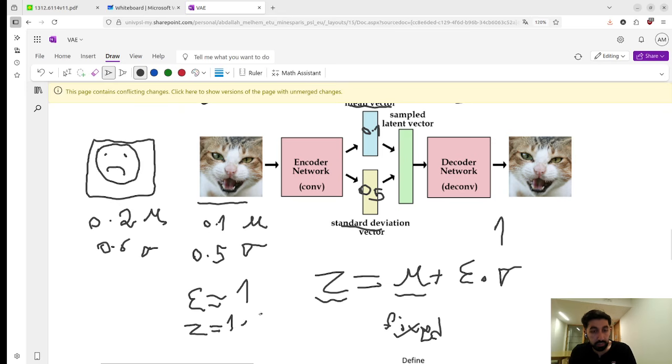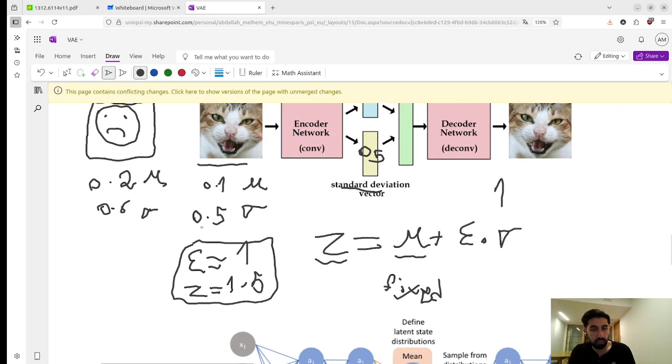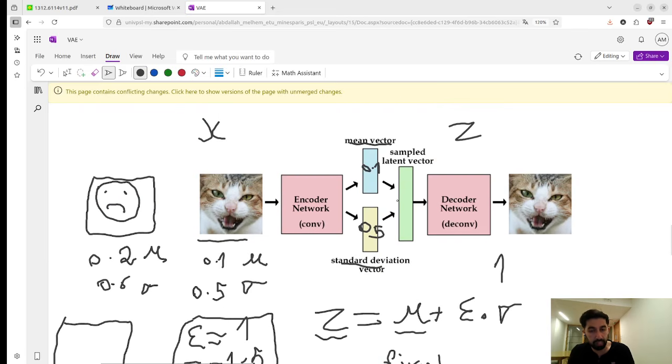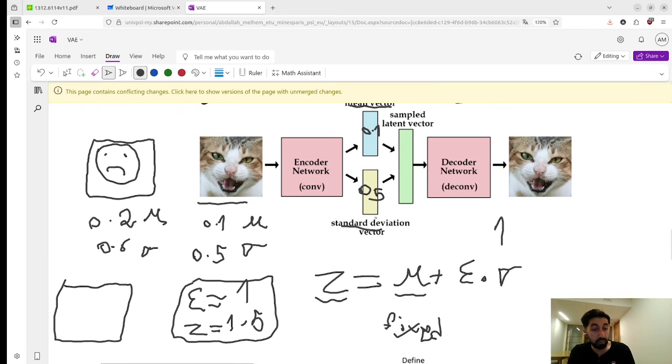Let's say we use the same image again. We input it, and the network outputs 0.1 and 0.5. Even though it outputs the same, z would be different. Let's say this time when we sample epsilon, we get a value of 0.5.